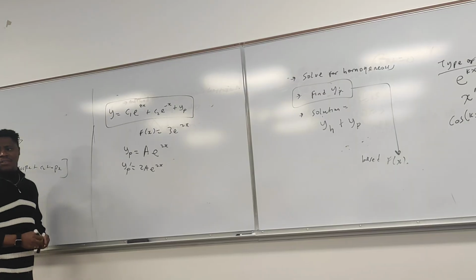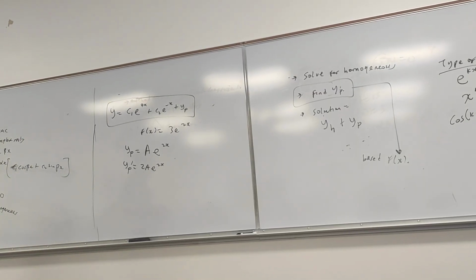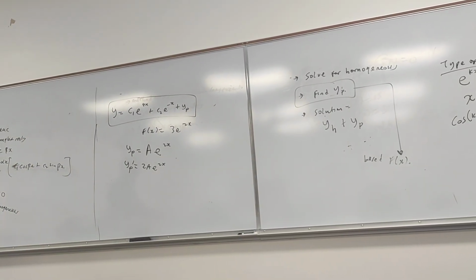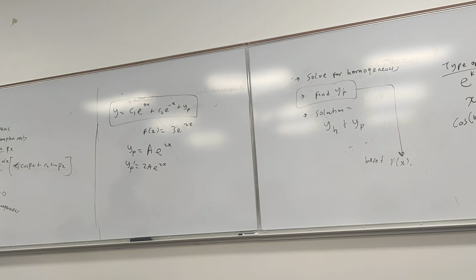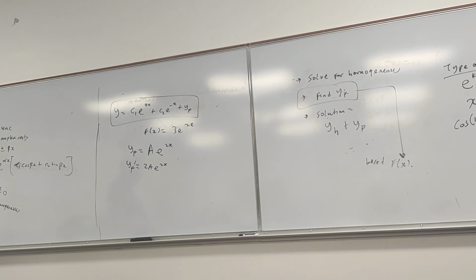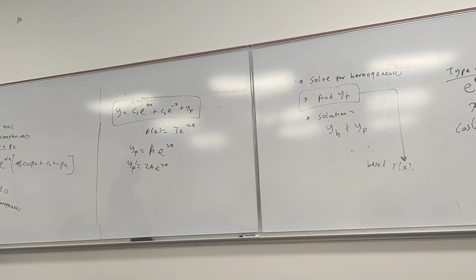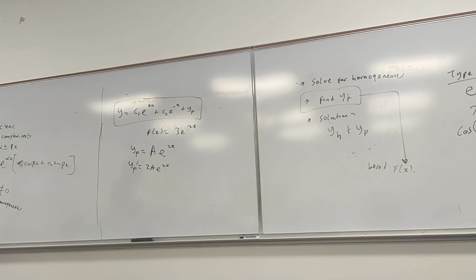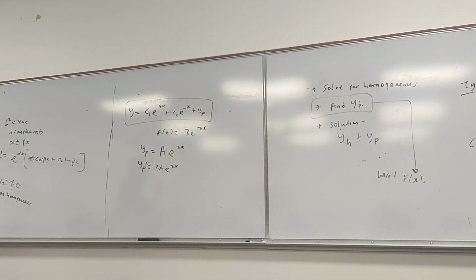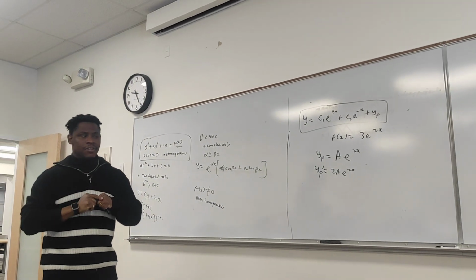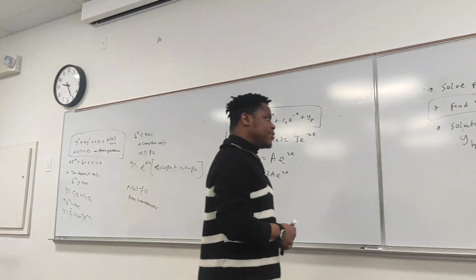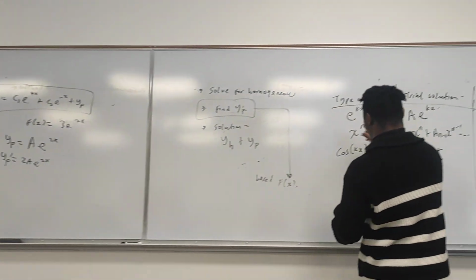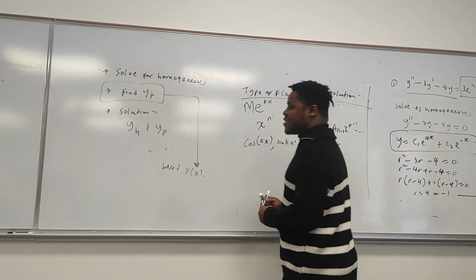Yes? Why, when you do yp, do you get rid of the coefficient in front of f of x, the 3? Because it's a constant term, we don't consider it. We only consider exponential 3x and say a exponential 3x. We're only concerned about that exponential x term. To make it easier, I could put m here and say m is any constant.